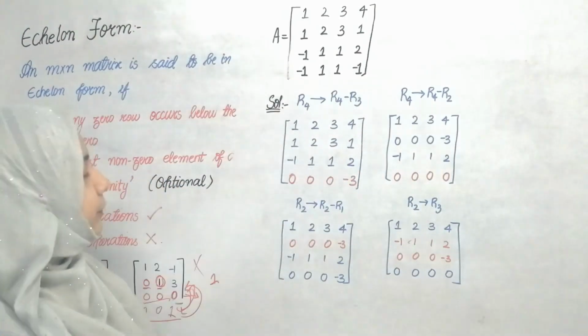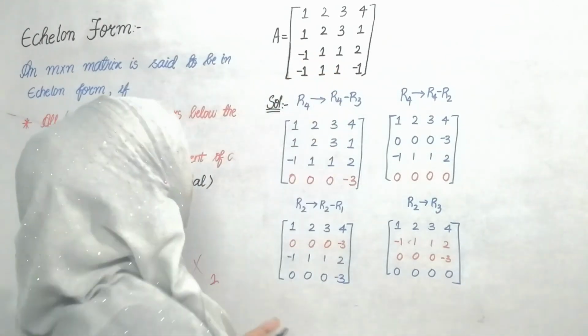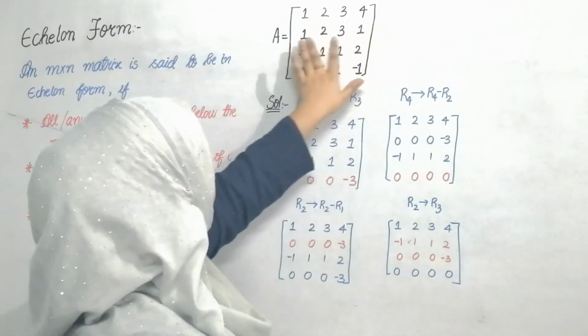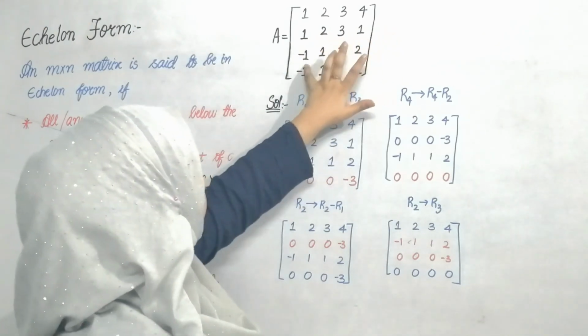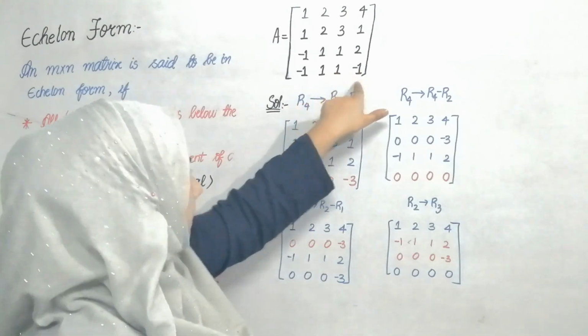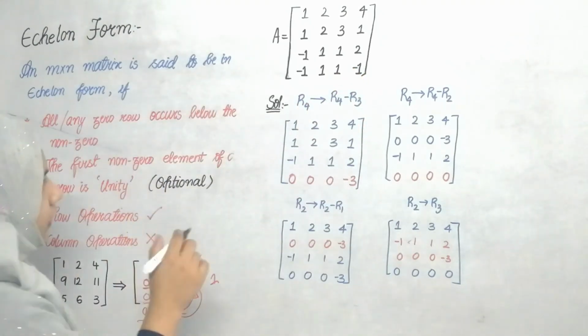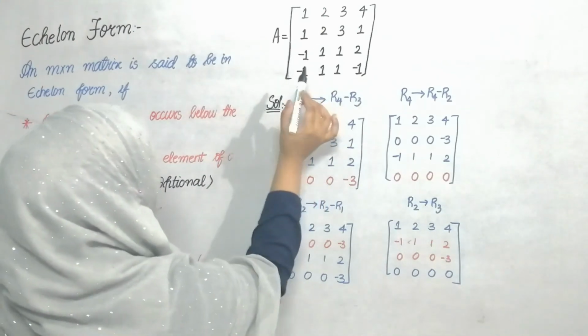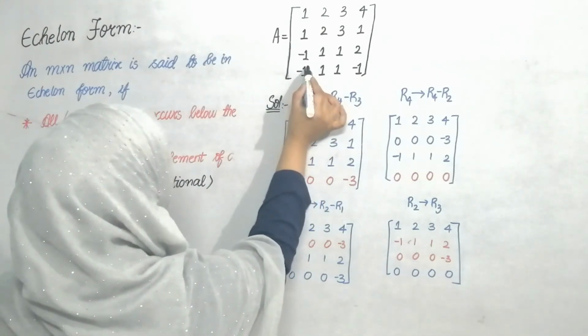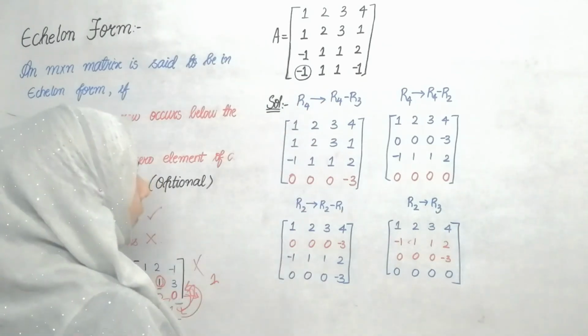Suppose this is my matrix given. So 1, 2, 3, 4, 1, 2, 3, 1, minus 1, 1, minus 1, 2, minus 1, 1, 1, minus 1. Okay, so what am I going to do? First, see here. First I'm trying to make this element 0, the fourth row's first element. How?